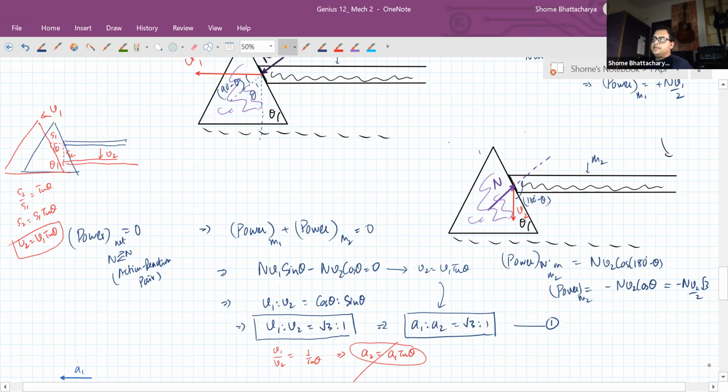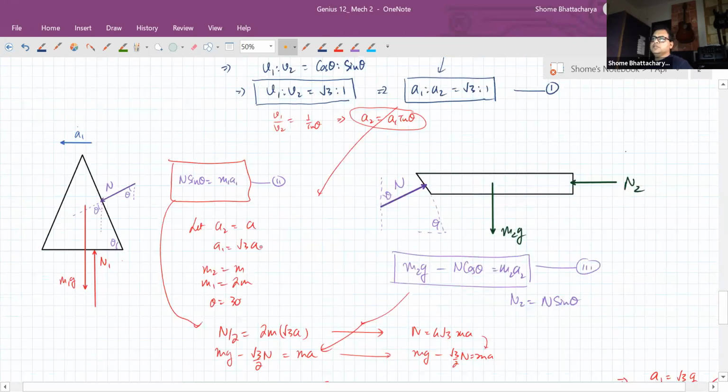So anyway, the whole point here was to practice the constraint relation by virtual power methods. So I've done that. The first thing is that we got the ratio of A1 and A2. So I took A2 as A, so A1 became root 3A. From this constraint relation, I've got this. Then free body diagram equation of this. So this has reduced to, put theta equal to 30 degrees, this reduces to this.